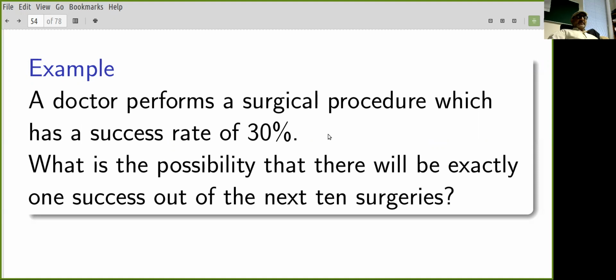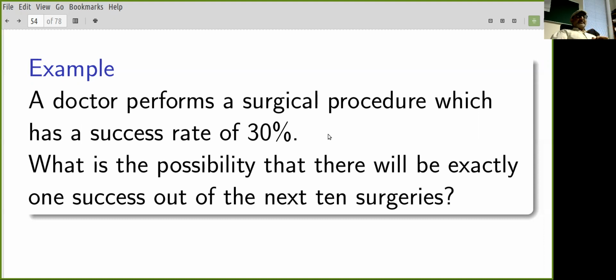What would be the probability of a success followed by 9 failures? The results of the surgeries are independent, so we can just multiply the probabilities: 0.3 to the 1 times 0.7 to the 9.